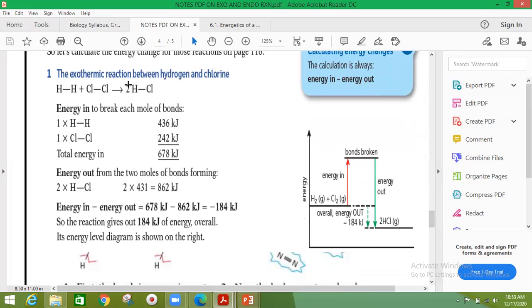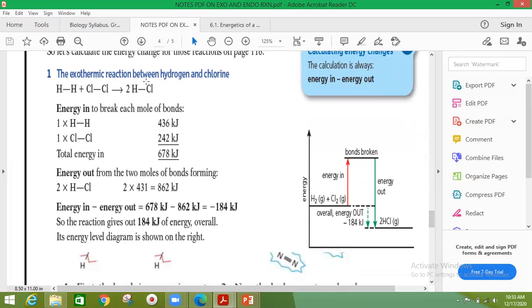A reaction is given to you: H2 plus Cl2 gives us 2HCl. First we will calculate for the left hand side, the reactant side, then we will calculate for the product side.